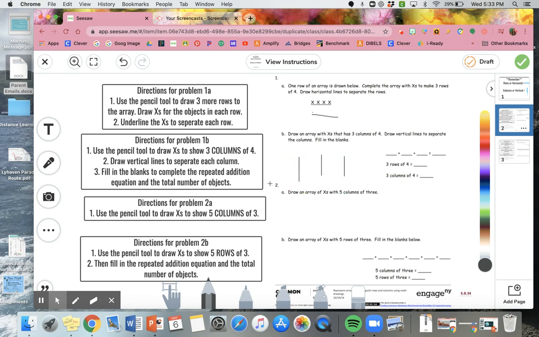Okay. You can just draw X's, or a lot of you are using this tool.